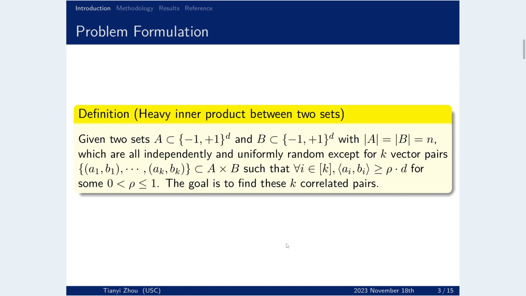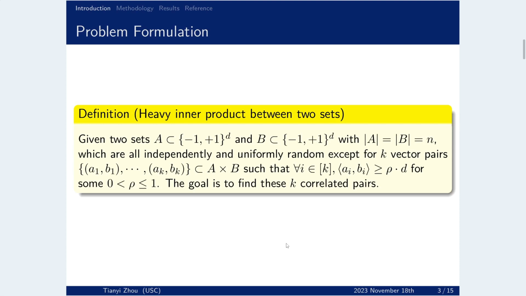So first, let's see the definition of heavy inner product. Given two sets A and B, which are both d-dimensional and they both have size n, and which are all independently and uniformly random except for the k vector pairs.